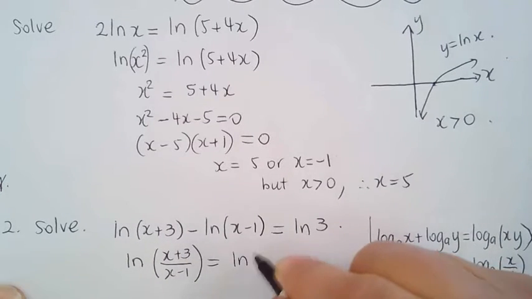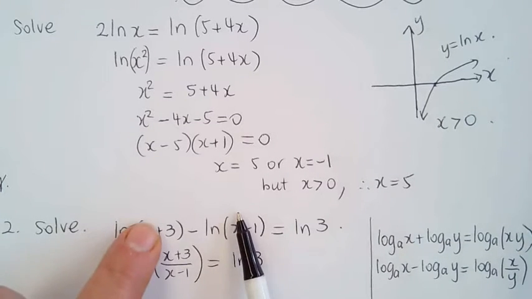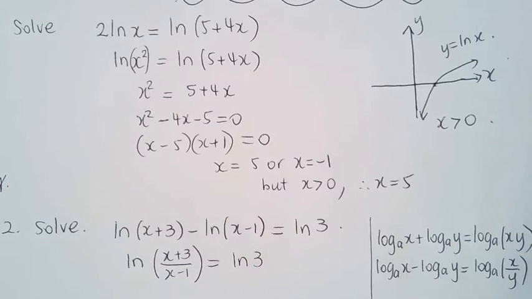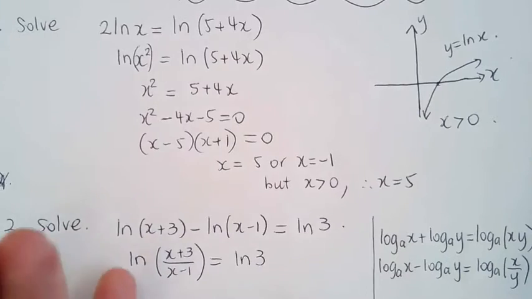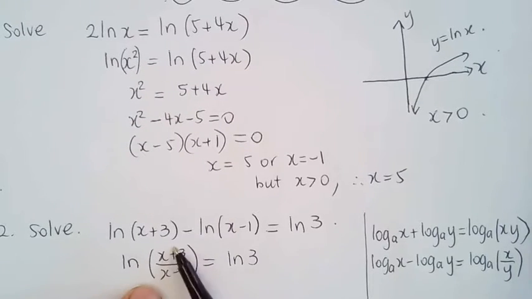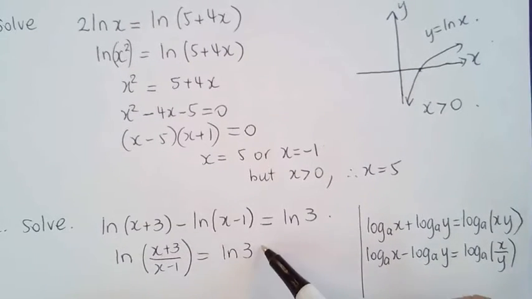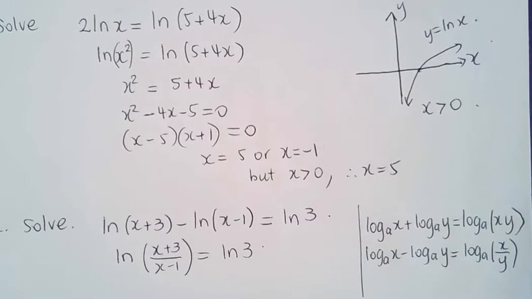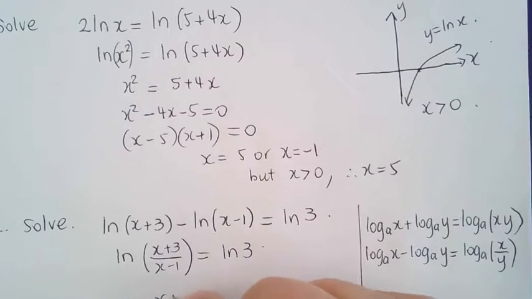You okay with that? So what you've done so far is written that in this form, but we haven't solved. But now just look at the left and the right. The log of that bracket equals the log of 3. That means that the bracket has to equal 3 because the log of that equals the log of that. So therefore, x plus 3 over x minus 1 has to equal 3.